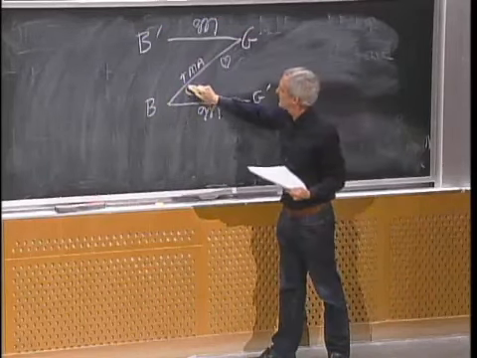There's a rogue couple in M. B and G are a rogue couple in M. And that means that M is not stable. And that is a contradiction. All right? And so Theorem 5 is true.